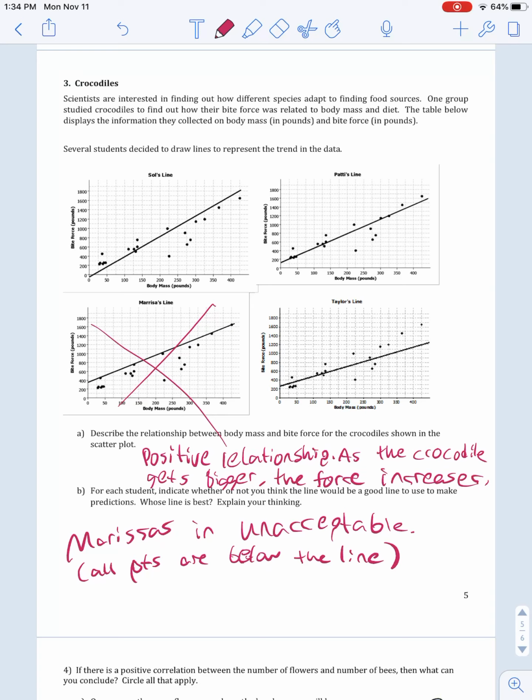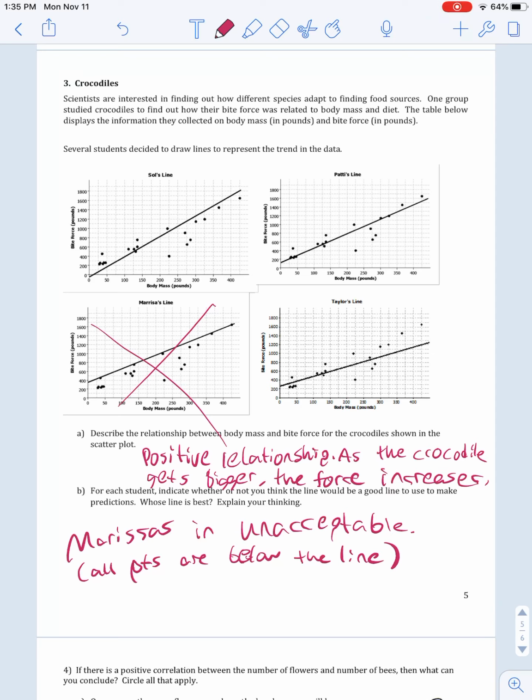If I look at Patty's, there are a lot more points above than below, but it's not terrible, though I definitely wouldn't call that one the best. Looking at Taylor's and Sol's, it's relatively even in terms of the number of points.